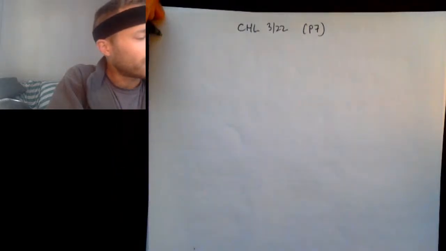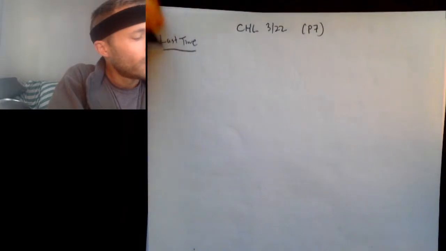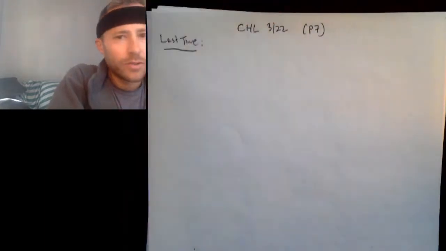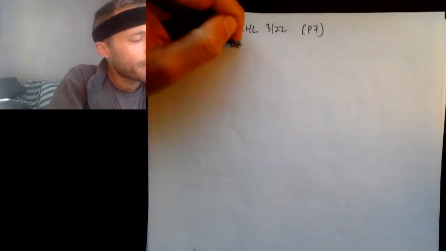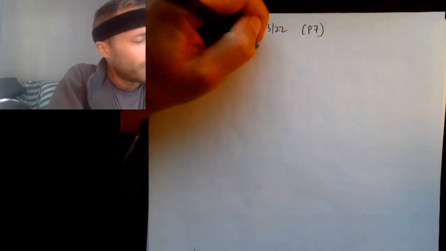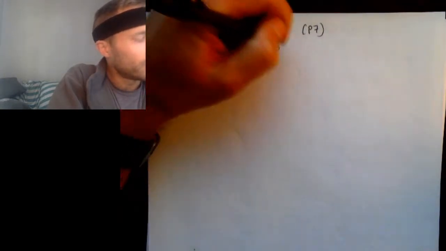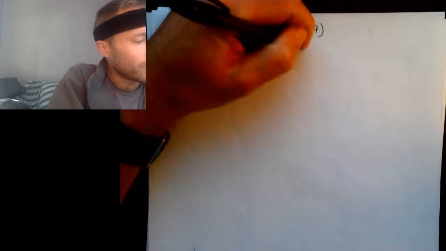So this is CHL 322, period 7. All right, so last time, what we discussed was the effect of magnetic fields on charged particles.